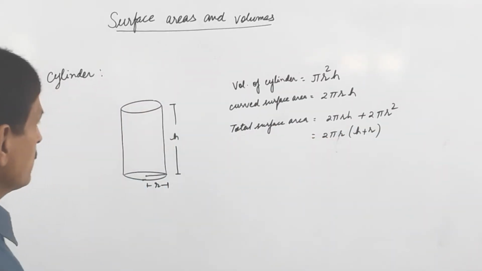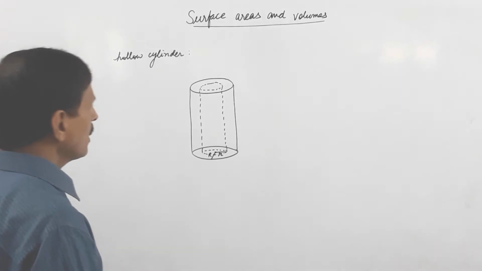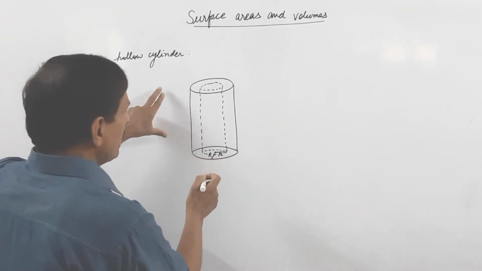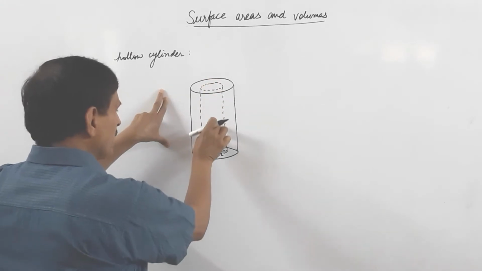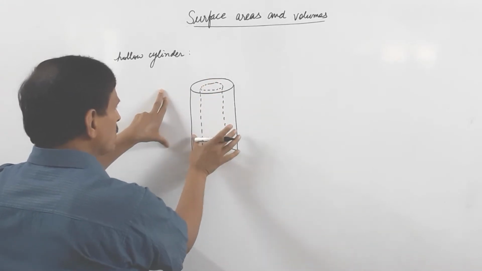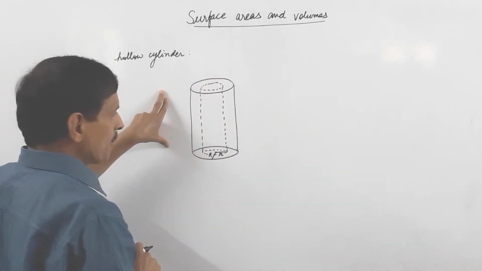Now we consider hollow cylinder, made by carving out a cylindrical cavity from a solid cylinder.